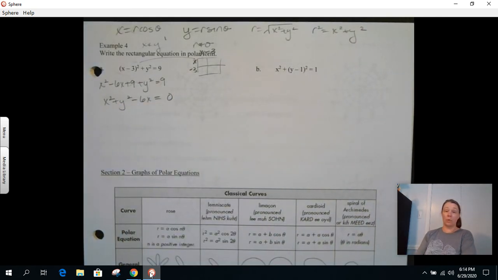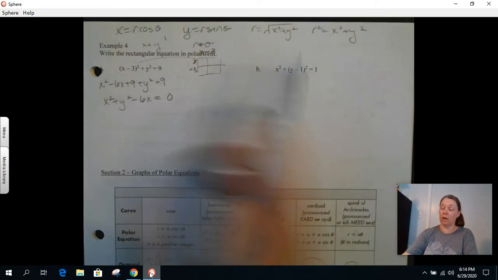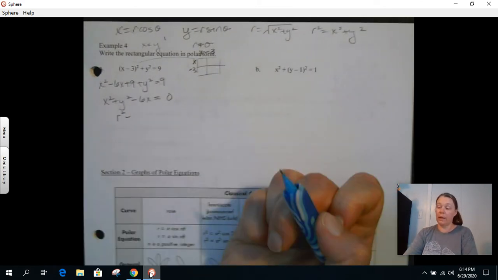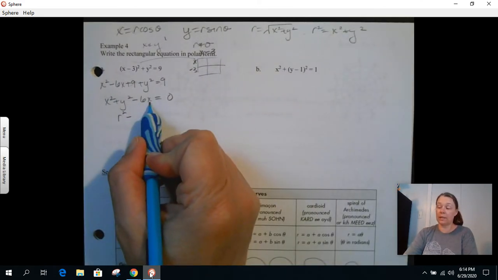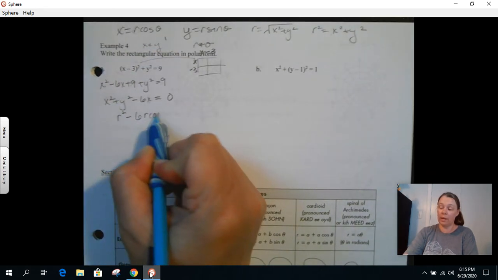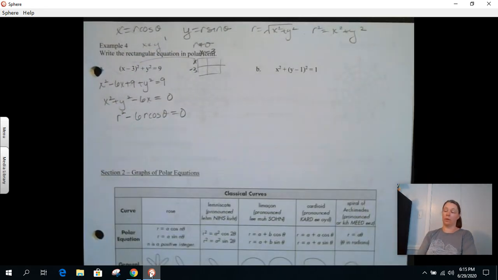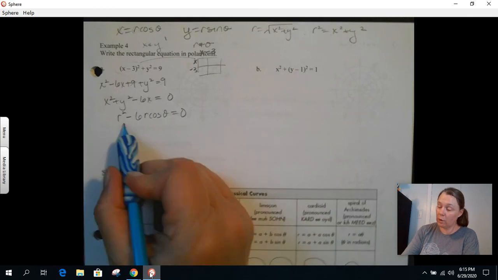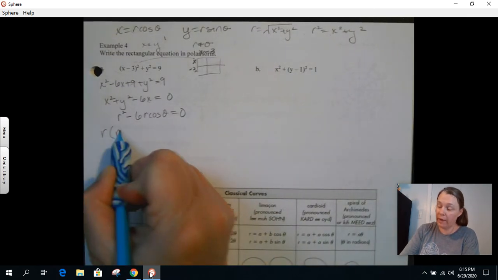Okay, I know x squared plus y squared is r squared. And I know 6x, so I know x is r cosine theta, so I can put that in there. And then usually if we can, we try to solve for r. Here, I notice I could pull an r out as a factor.